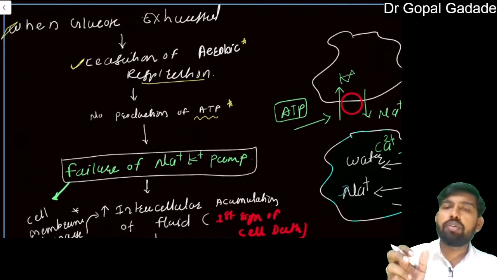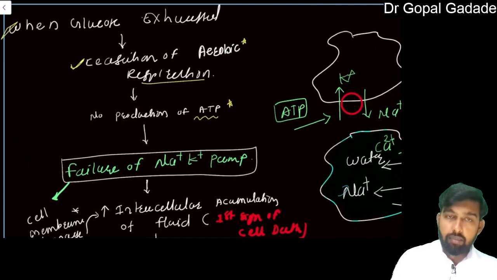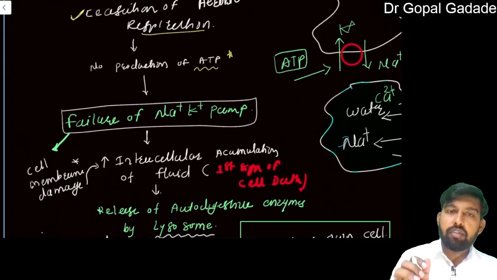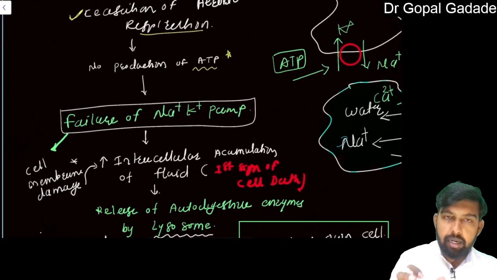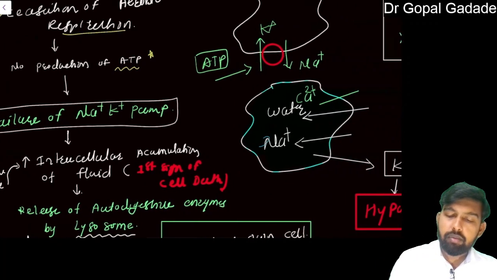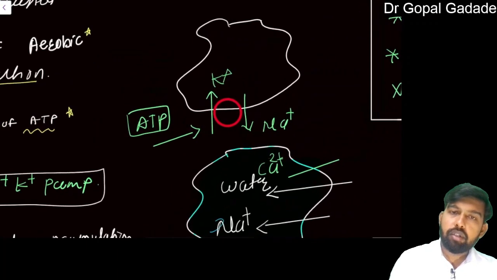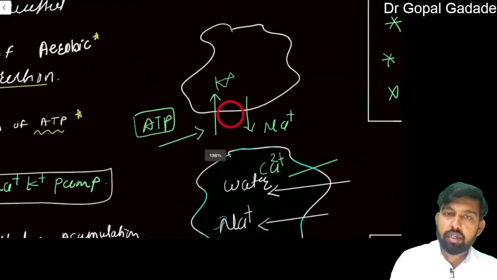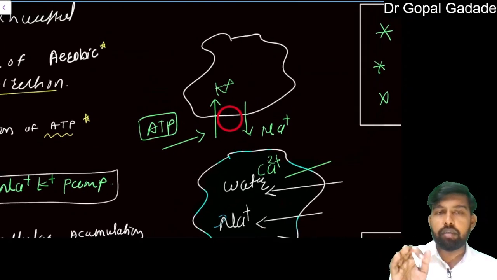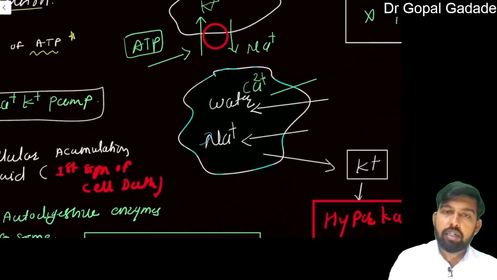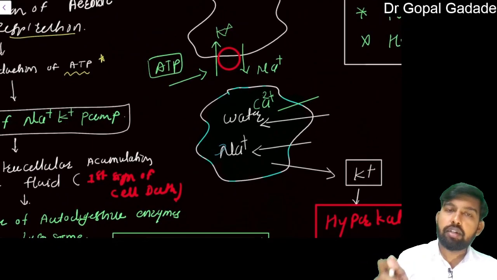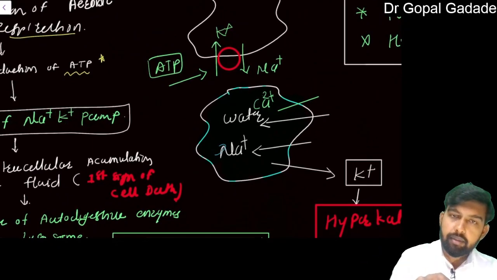ATP is the energy source for the cell, and its lack will cause dysfunction of the sodium potassium pump. This is a cell membrane pump which is normally responsible for the efflux of sodium and the influx of potassium. So because of the dysfunction in the sodium potassium ATPase pump, there is an increased intracellular concentration of sodium inside the cell.